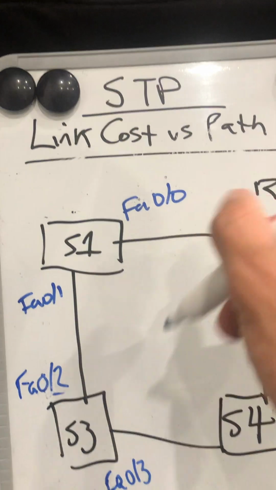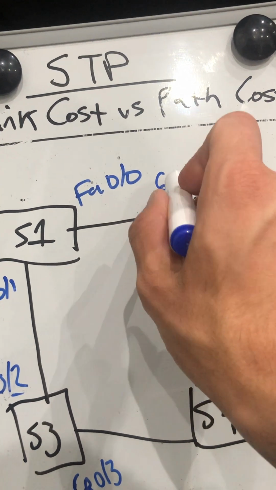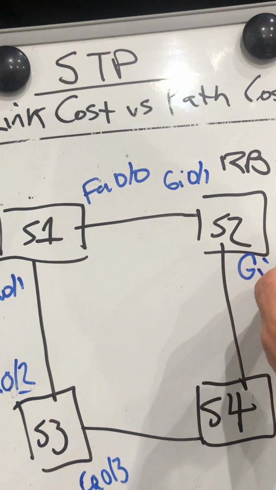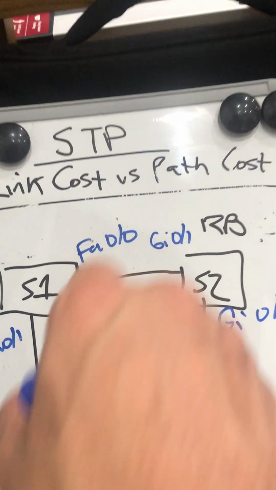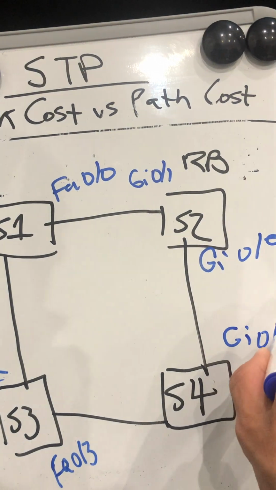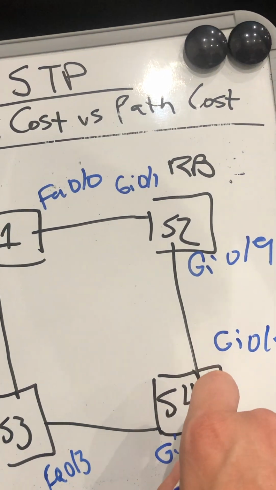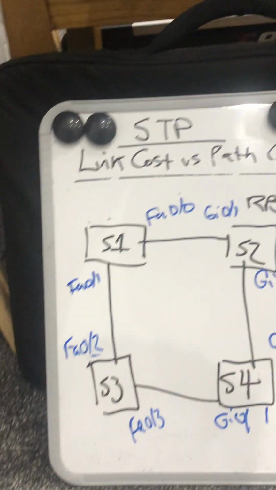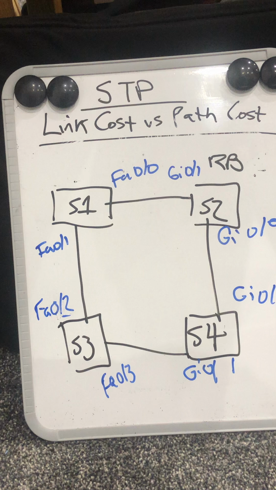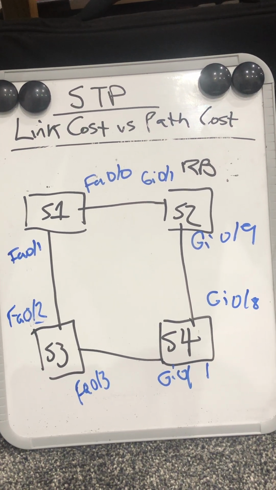And then we've got gigabit Ethernet here, Gi0/1, Gi0/9, here we've got Gi0/8 and Gi0/1. So if we want to find out which is the best path, we need to look at the cost of the links.